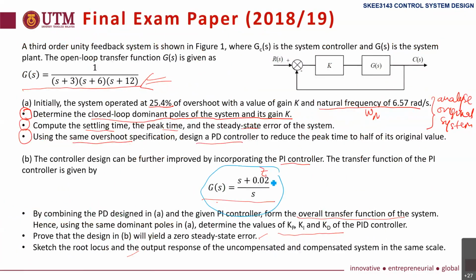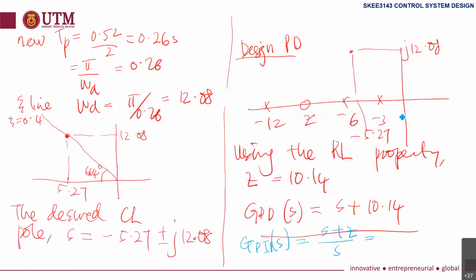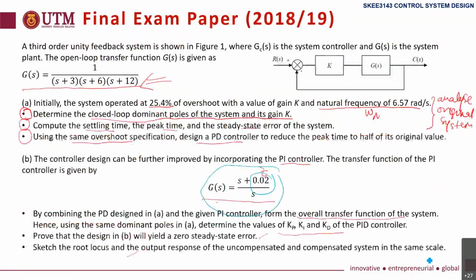Use Z as 0.02. Then we just use that value, S plus 0.02 over S. This is PI. So PI is simple. Just use a small value of Z. Combine PD and PI, then find KP, KI, KD.